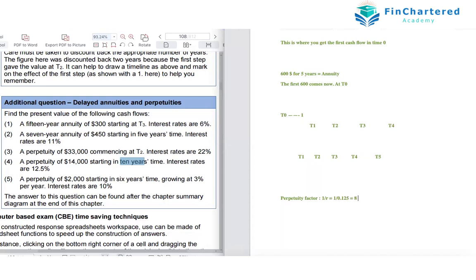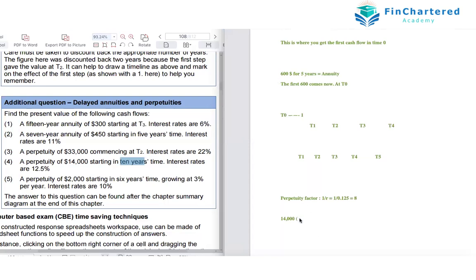Okay. What you will do is, again, treat this as usual. What do I mean by treat this as usual? How much are you getting? 14,000 is the cash flow. And you will discount it as usual.